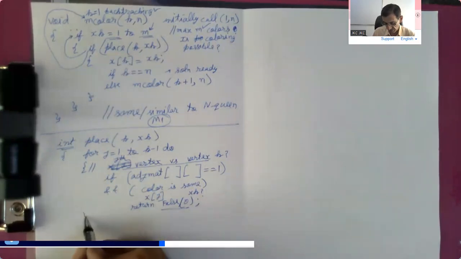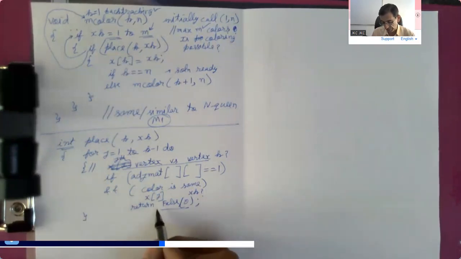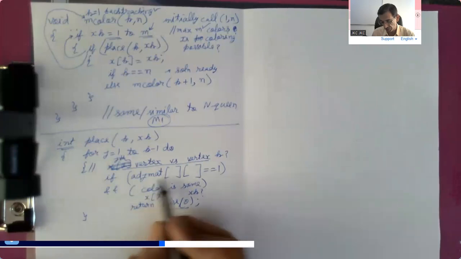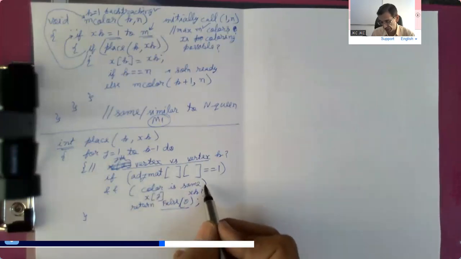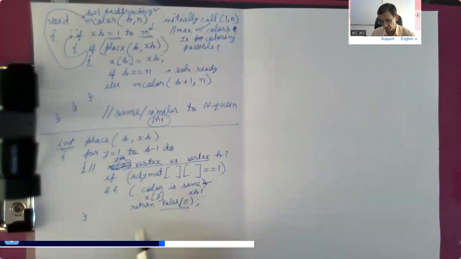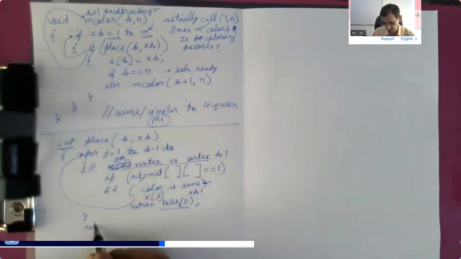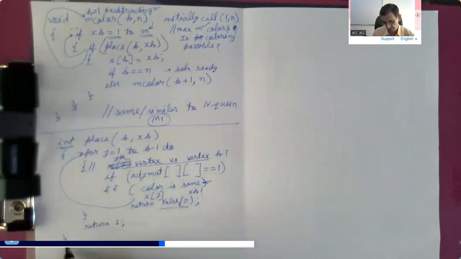And if the color is acceptable, or if they are not adjacent, nothing to bother. If they are adjacent and the color is different, still nothing to bother. Repeat this process for all j's, and if you are able to get through, you return 1, meaning this color is acceptable. Now again, compare this code with the N-Queen logic, the M2 module of N-Queen.